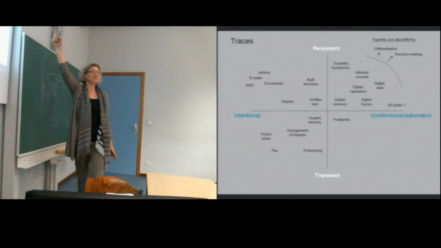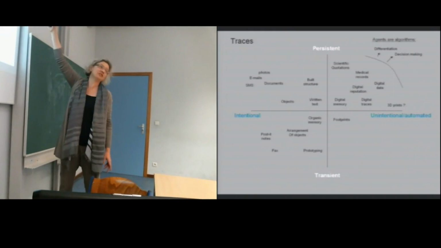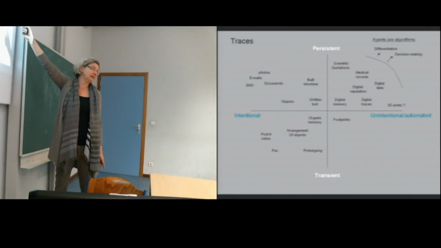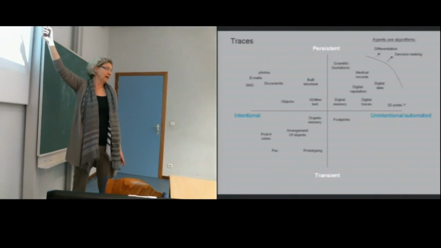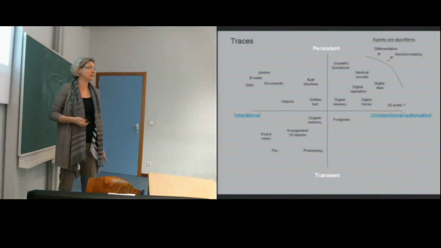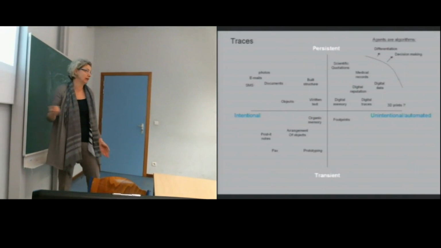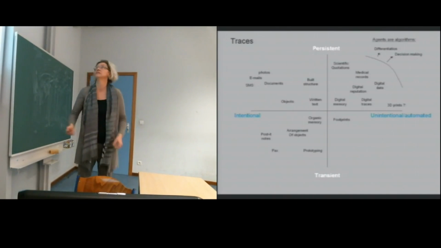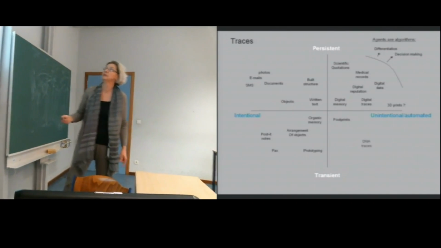So I do have suddenly a differentiation and decision making that is being done on the basis of automated traces. And I think it could be very interesting to try to go there with Stigmergy to understand what are the lines and if there is something that can be described.